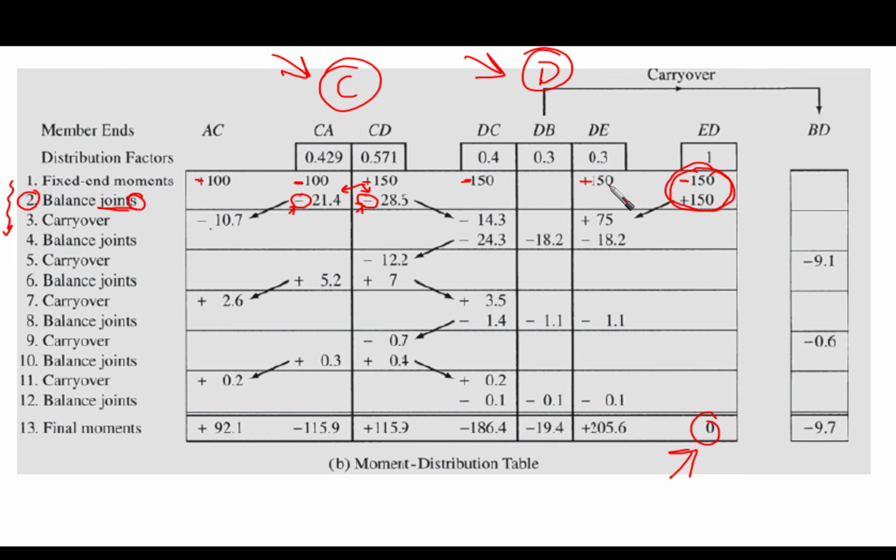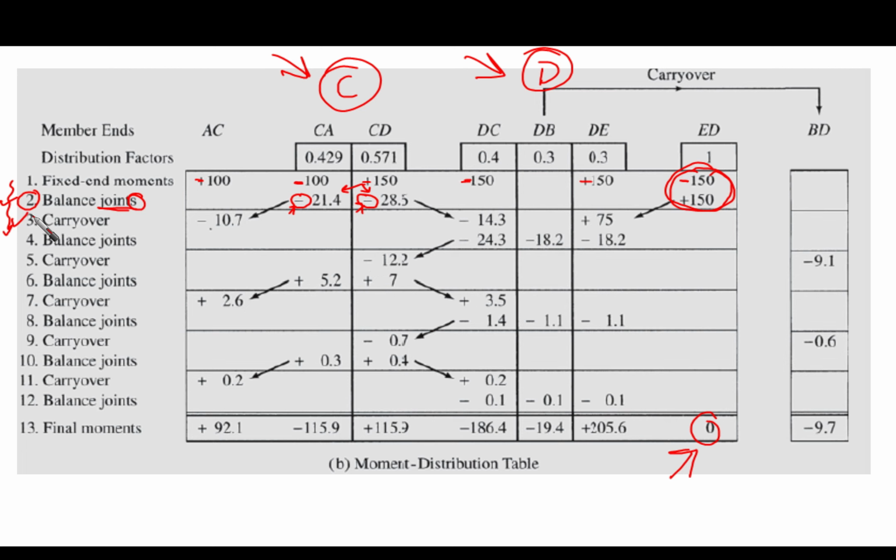We do not need to distribute anything. It is balanced. So this is why we didn't put anything here. Okay, now let's draw the line. This line means that the first round of balancing is already done, and across this line we are going to make the carryover. So now we have done step 2, and then let's go to step 3.